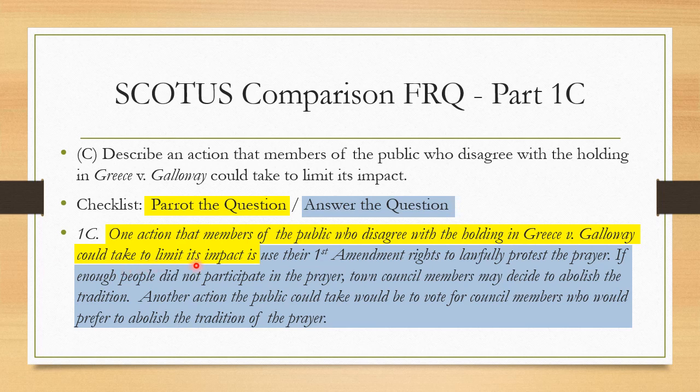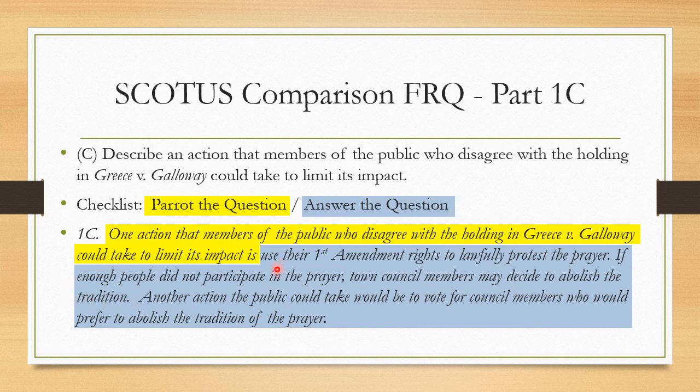When I answered the question, I said First Amendment rights to lawfully protest the prayer. Now, if I were to have stopped right there, because it's a described point, they may not have given it to me. I mean, they probably would have, but I really want to make sure I close the loop and explain what would happen. So I go on, I articulate my response in more detail. If enough people did not participate in the prayer, town council members may decide to abolish their tradition.